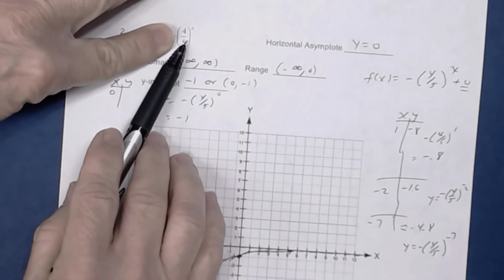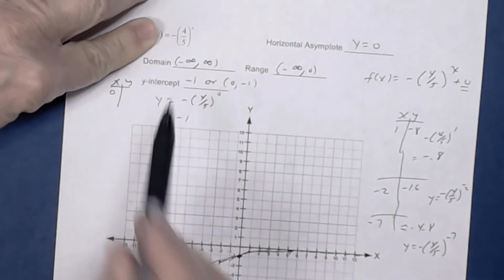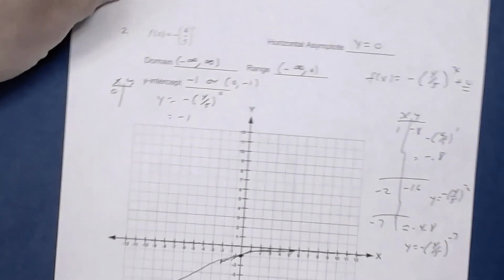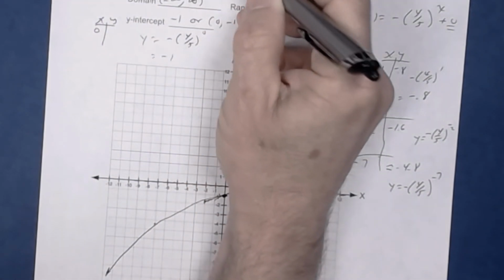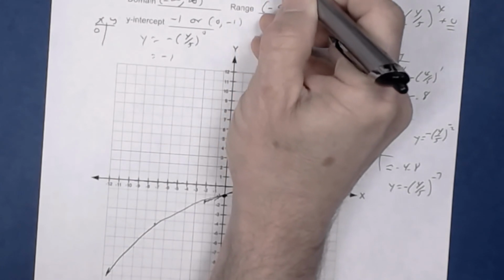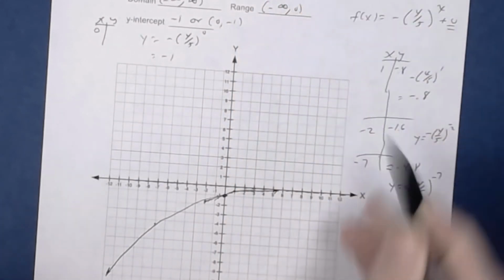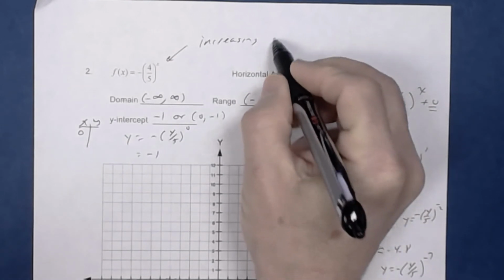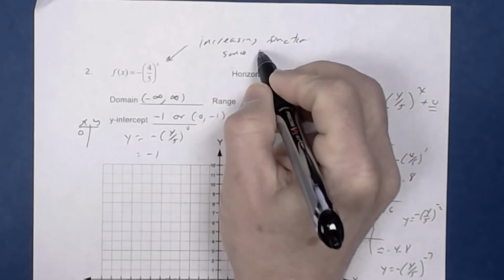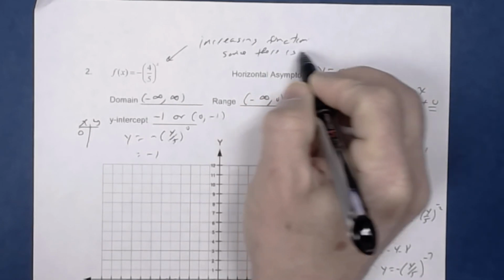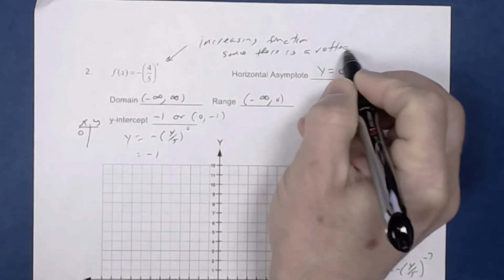The reflection makes it increase. So this function is increasing, since there's a reflection.